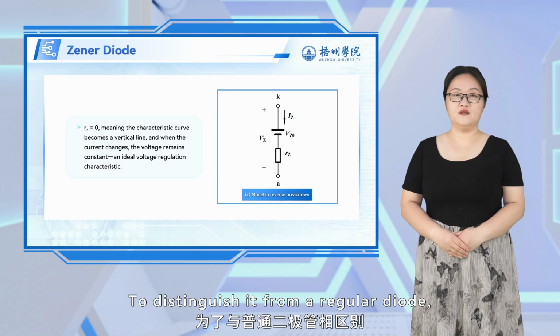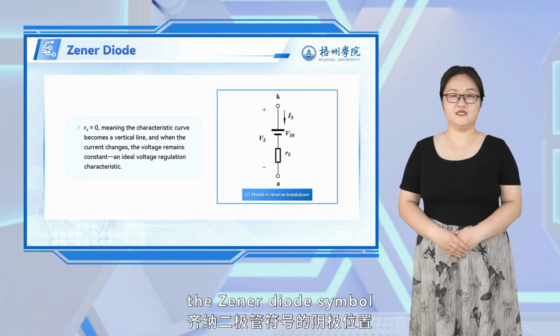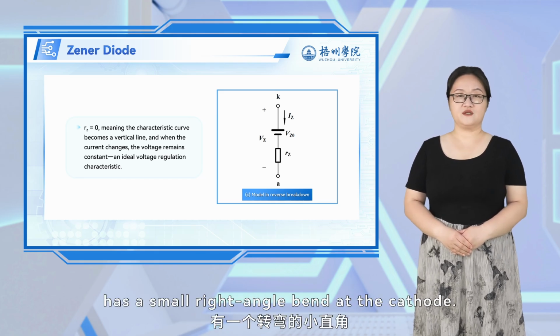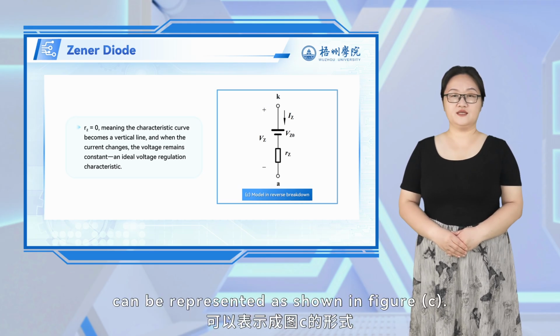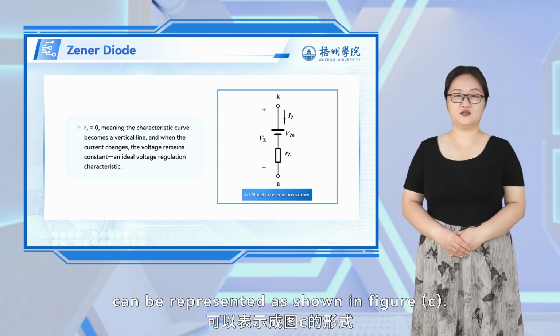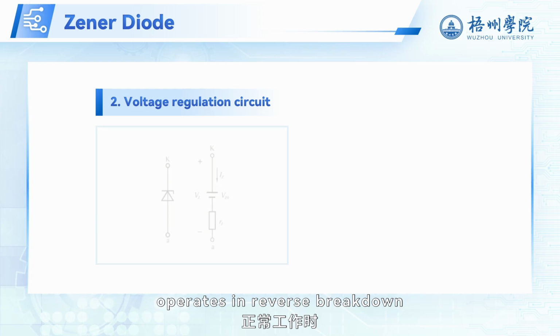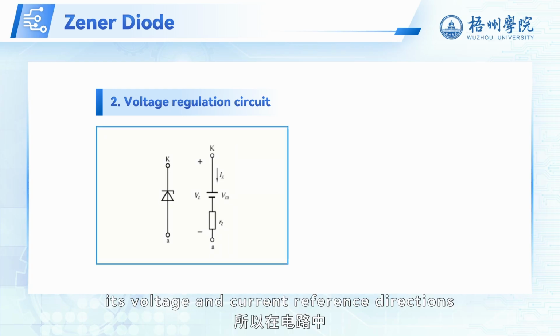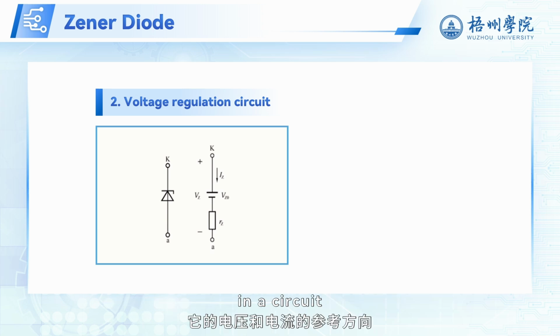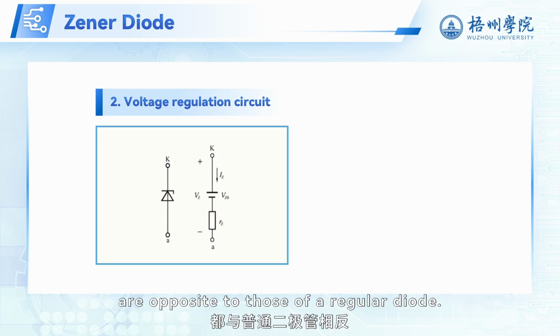To distinguish it from a regular diode, the Zener diode symbol has a small right-angle bend at the cathode. Its circuit model in reverse breakdown can be represented as shown in figure C. Since the Zener diode operates in reverse breakdown under normal use, its voltage and current reference directions in a circuit are opposite to those of a regular diode.